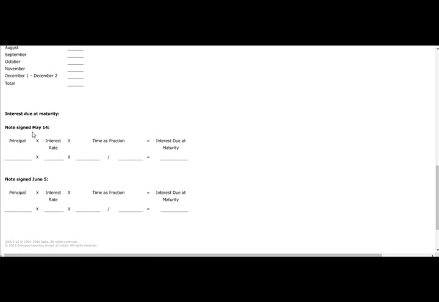So on the note signed on May 14th, what we do is we take the principal amount of the note, multiply it by the interest rate, multiply that by the amount of time that we have the loan out or the note out, and that gives us our interest. So for this particular example, the principal is $5,000. That's how much money we borrowed. Our interest rate is 12%.